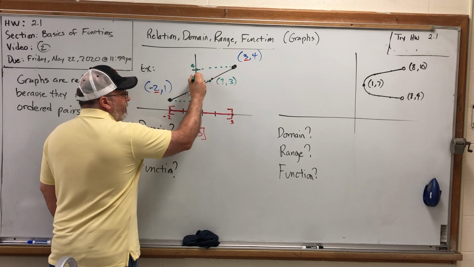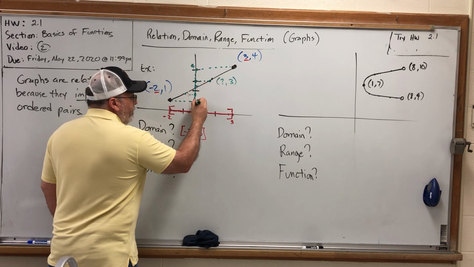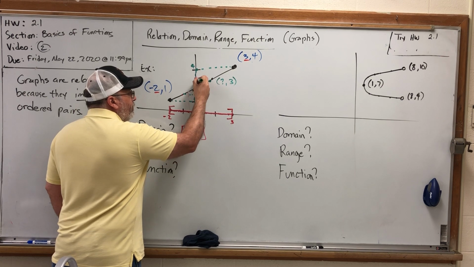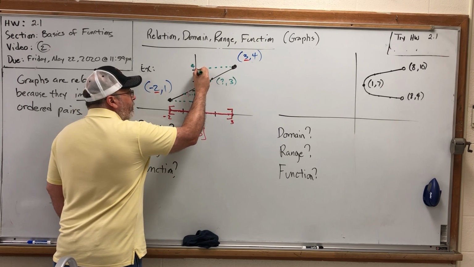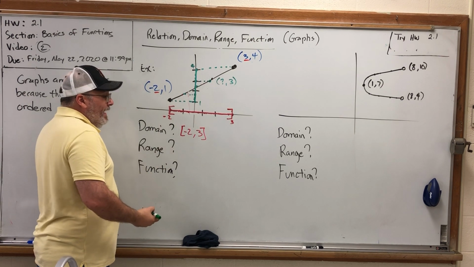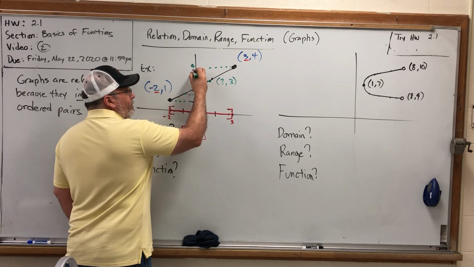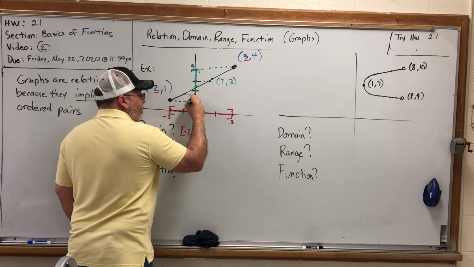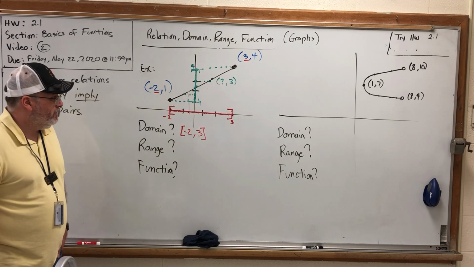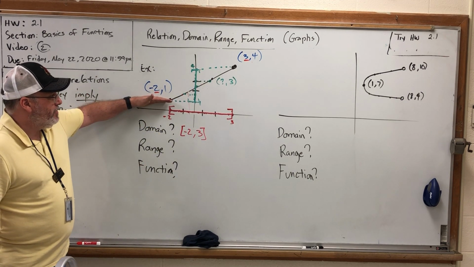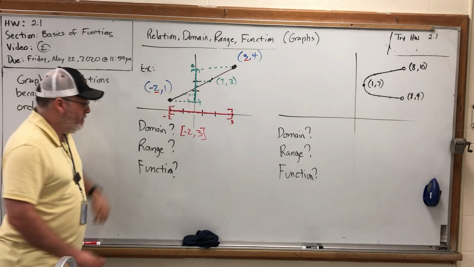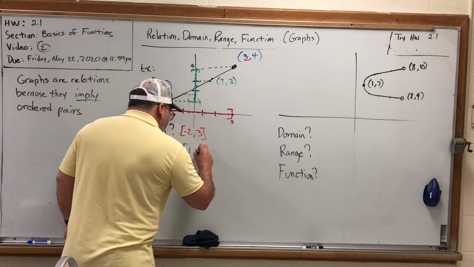So if we were to fill them all in, and both 1 and 4 are included because the dots are filled in, then we would put a bracket. So what's the range? It's from the lowest y value to the highest y value. So the range is bracket 1, 4.